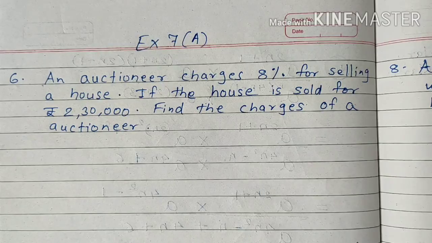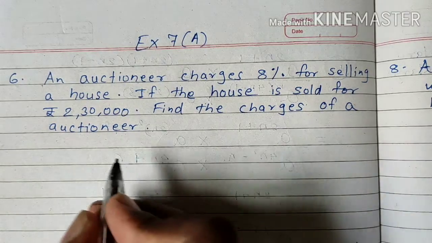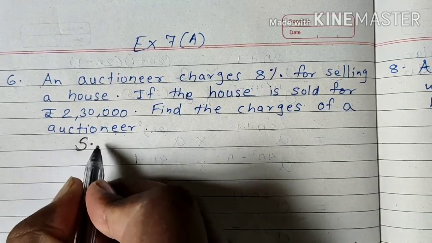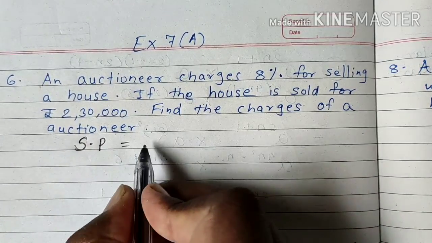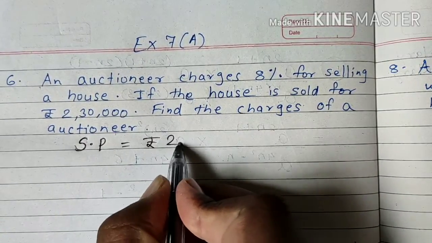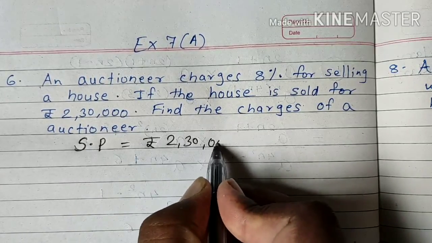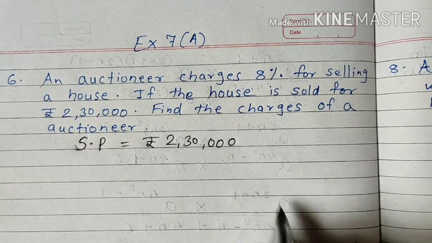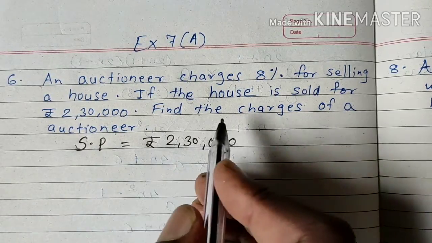Okay, so in this, selling price of the house is rupees 2,30,000, right? Then rate of charges.